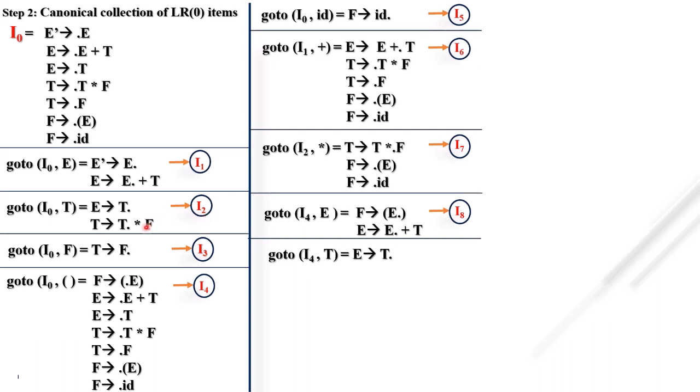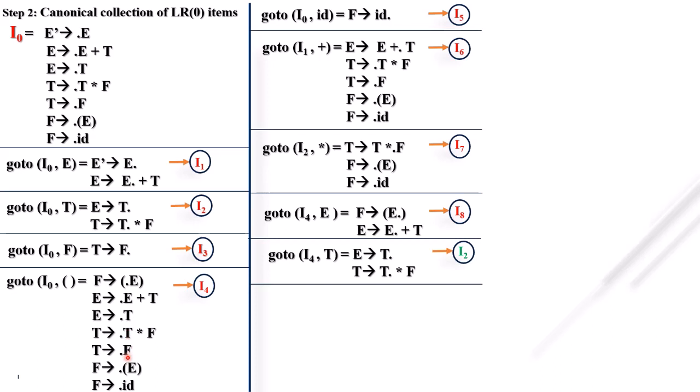Okay, but there is one new production, that is T tends to T dot star F. Okay, there are two productions with dot T, so we have to perform here also T tends to T dot star F. So these two are similar, so we have to give the name I2 because the whole productions are similar. Next I4 of T is completed, these four productions are completed.